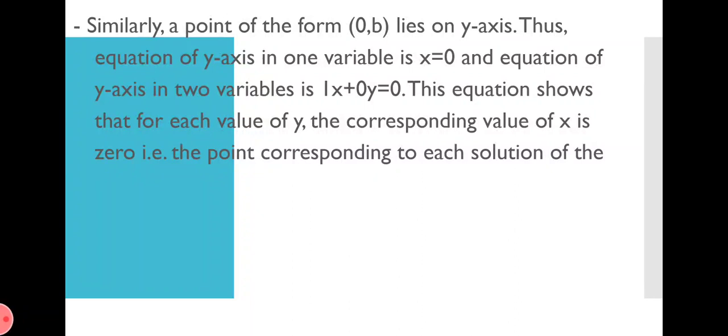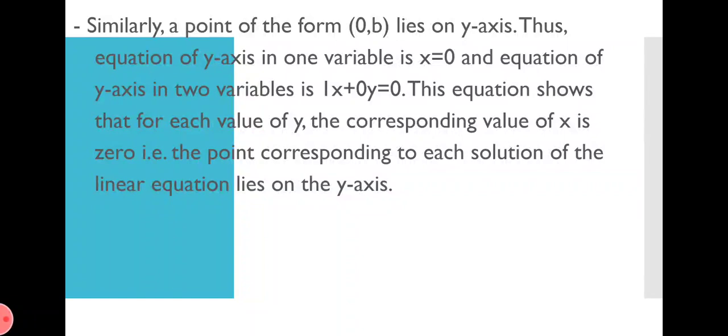For any point of the form (0, b), where the abscissa is 0, the x coordinate is 0 and y can be any other value. Then that point will always lie on the y-axis.